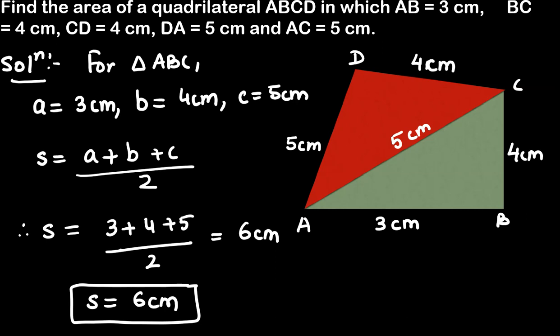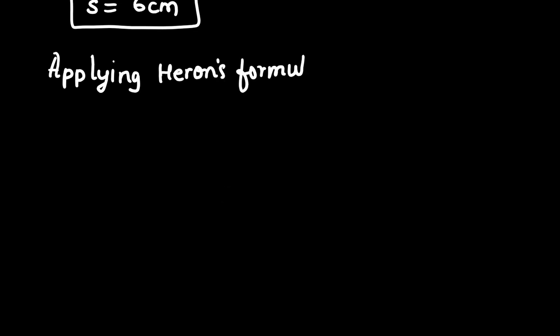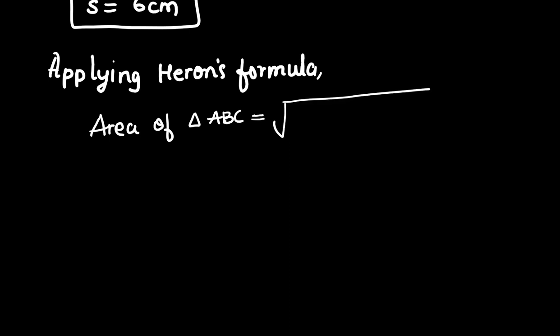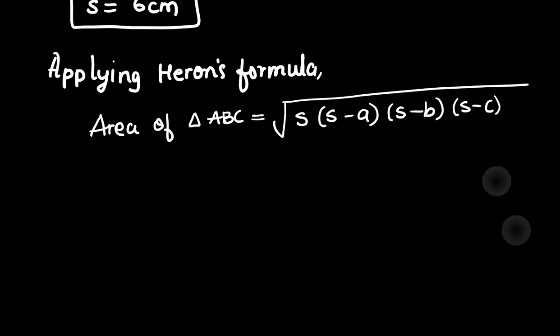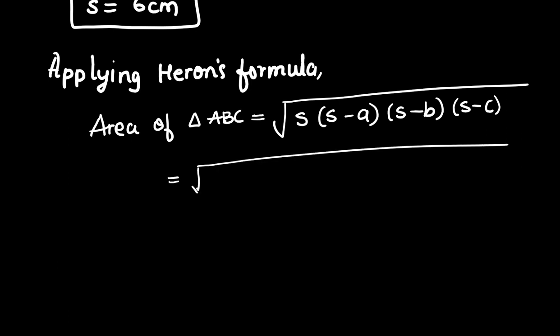Now we are going to apply Heron's formula over here. Applying Heron's formula, area of triangle ABC equals under root of S minus A, S minus B and S minus C. What is this? 6 minus 3, 6 minus 4 and 6 minus 5.